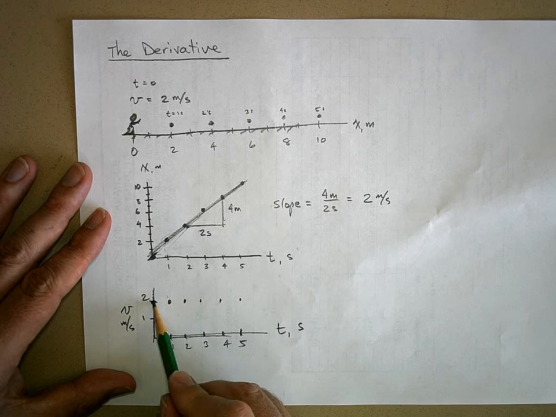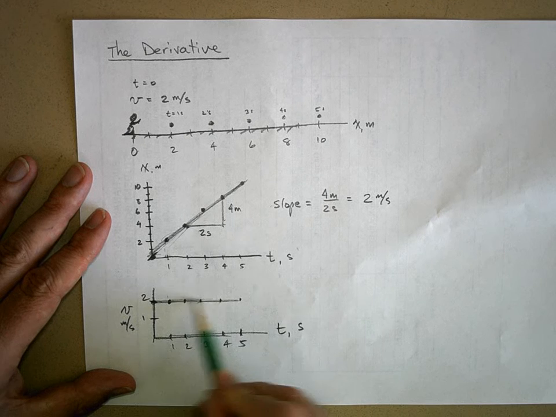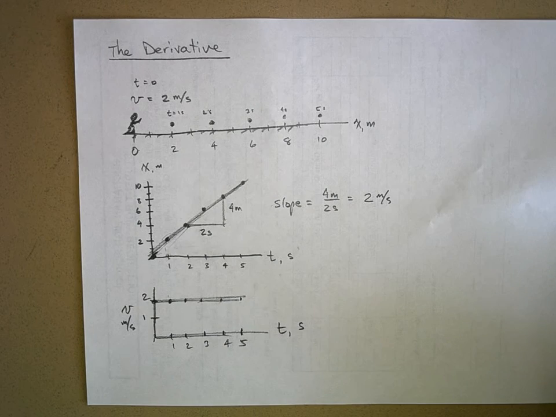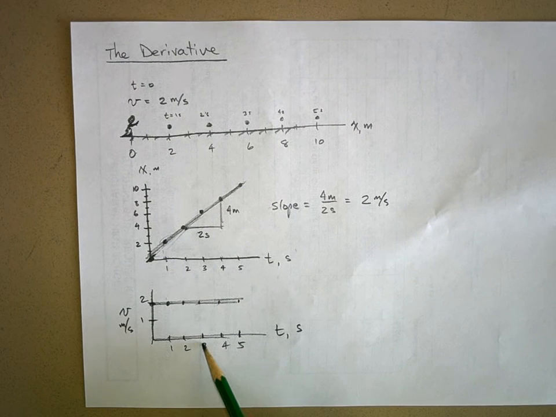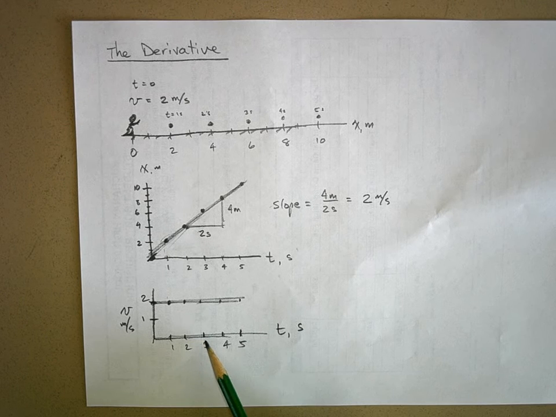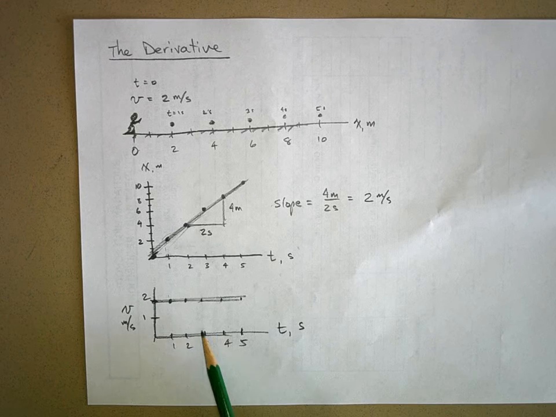So what we have here is a horizontal line. So here we have a function. This is a function, isn't it? Not a very exciting function, but it is the derivative of this function right here. This function describes the slope of this function.